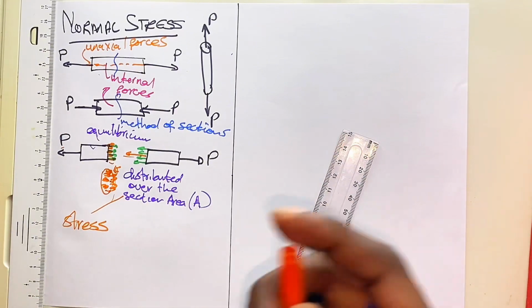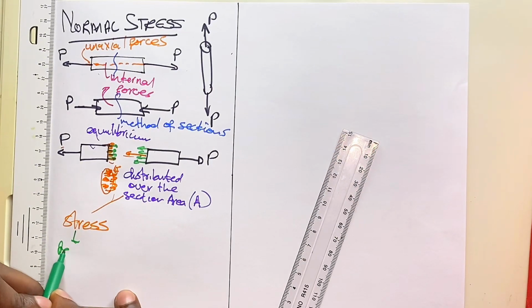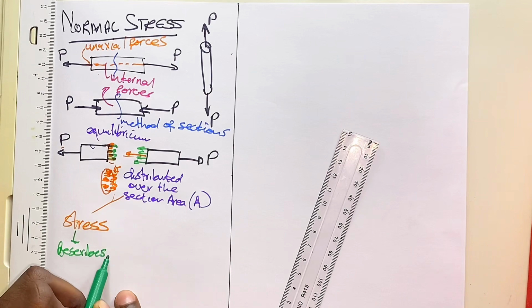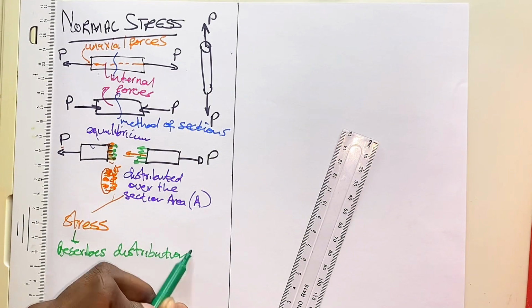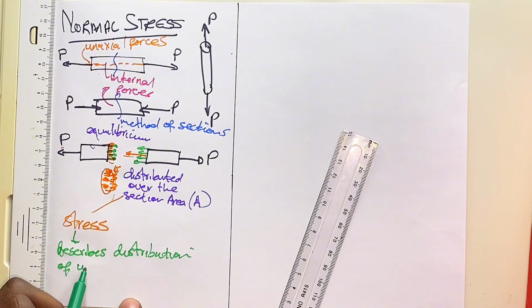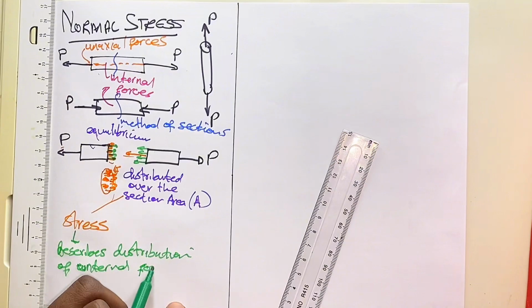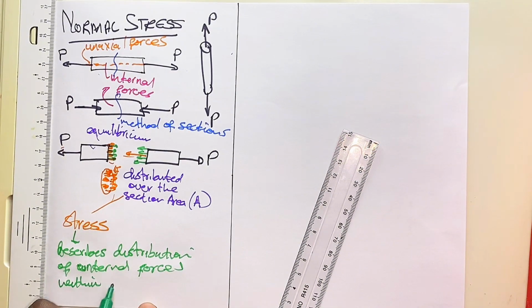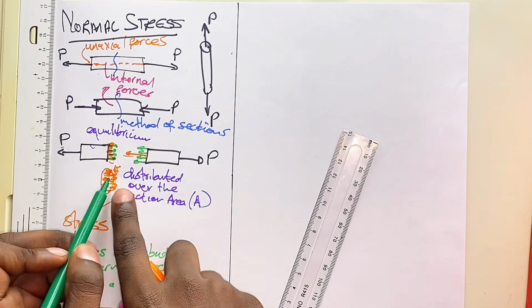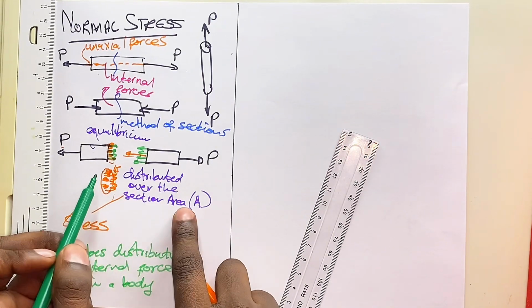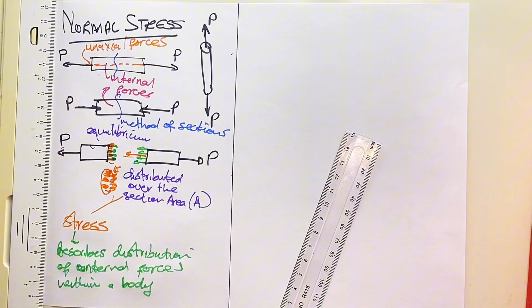So this stress describes the distribution of internal forces within a body. So the stress gives me the intensity of a force that is acting over a section area A.